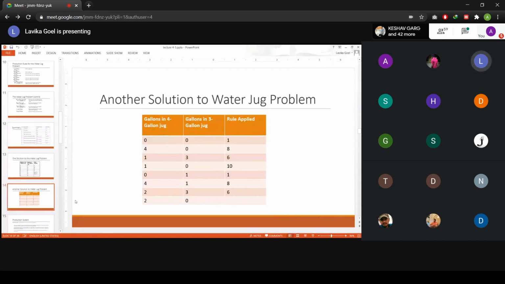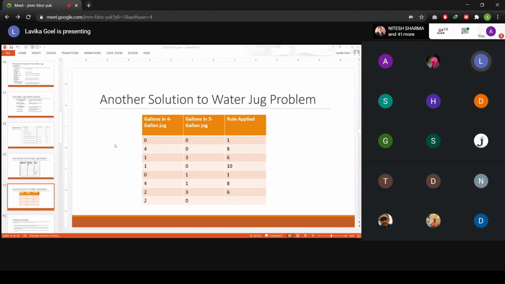When you apply rule number 8, you will get the state 2,3, right? That's actually your goal state. But if you want to empty the water from the 3-gallon jug, you can apply rule 6 also. So you apply rule 6 and you will get the 3-gallon jug empty. So you'll get the next state as 2,0. So either 2,0 or 2,3, both are your goal states.